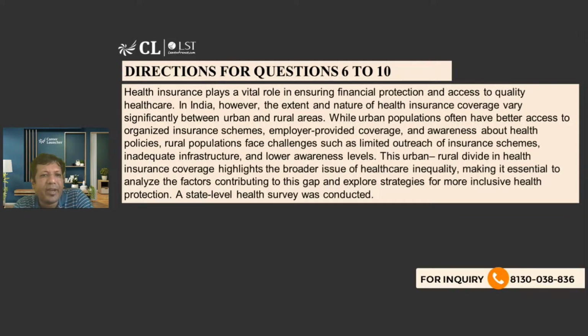This urban-rural divide in health insurance coverage highlights the broader issue of healthcare inequality, making it essential to analyze the factors contributing to this gap and explore strategies for more inclusive health protection. A state level health survey was conducted.